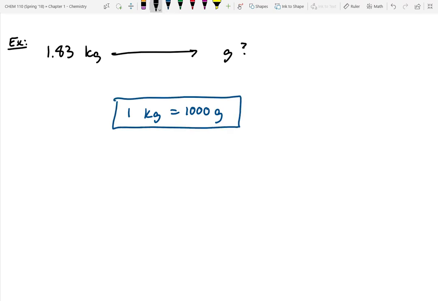Now let's try to do the math. All right, we've got 1.83 kilograms. We need to multiply it by a conversion factor. In this case, do we want kilograms on the top or the bottom? Bottom, because we want it to cancel out. Our desired units that we want are going to be grams. All right, so what number goes with the grams? 1,000, right?